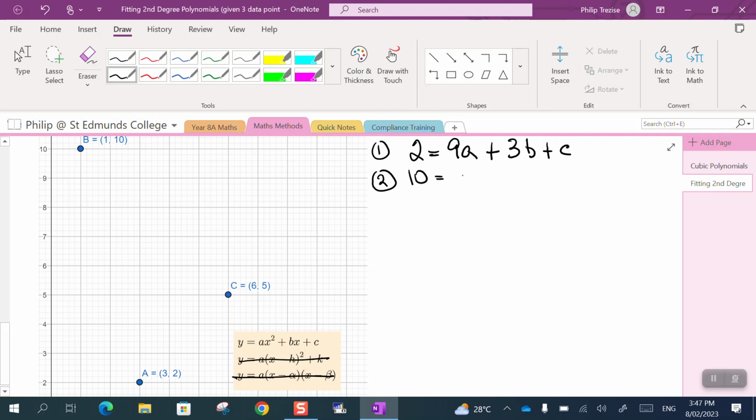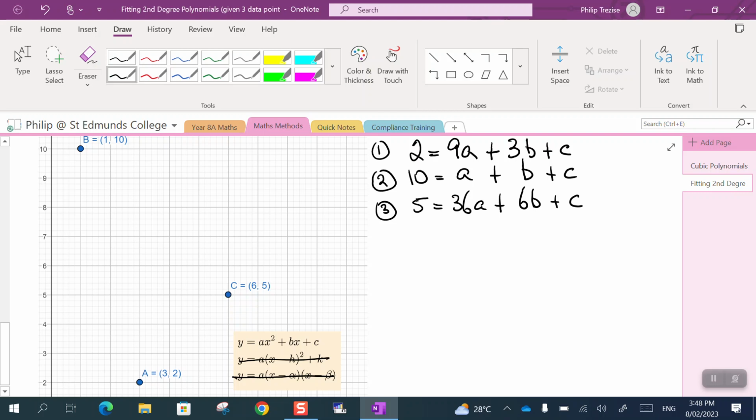So 1 squared is still 1 times a, 1 times b, plus c. And then our third equation, if we substitute point C, y equals 5, x is 6 this time, so squaring that gives us 36a plus 6b plus c.